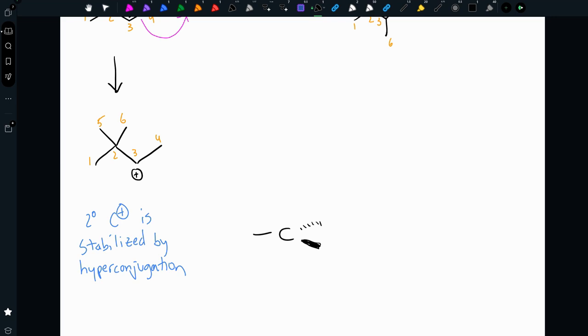It's planar. It's got an empty p orbital. It's got a hydrogen here, a methyl group over there. That's carbon 4. Just for perspective, this is carbon 3. This is carbon 4.